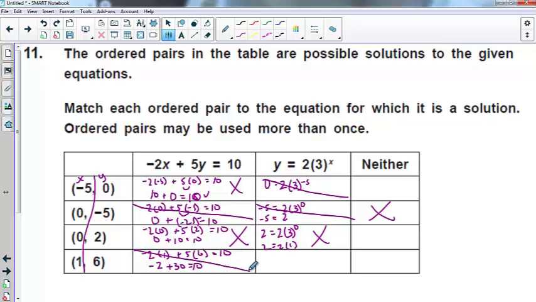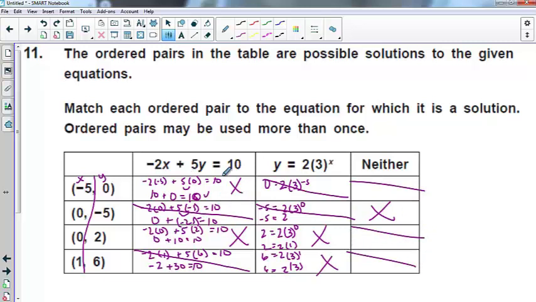So that's not part of it. And finally, I have 6 equals 2 times 3 to the first power. What's 3 to the first? 3 times 2 is 6. So is that part of it? Yes. So I shouldn't have an X here. I shouldn't have an X here. I shouldn't have an X here.